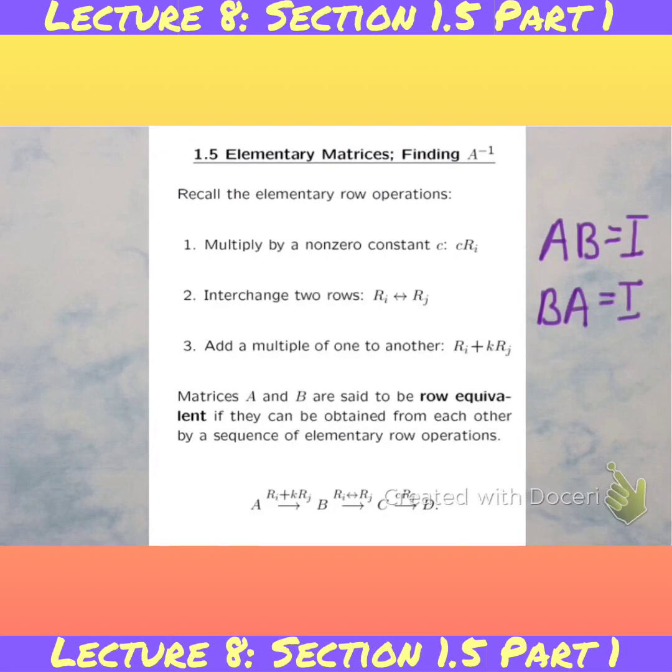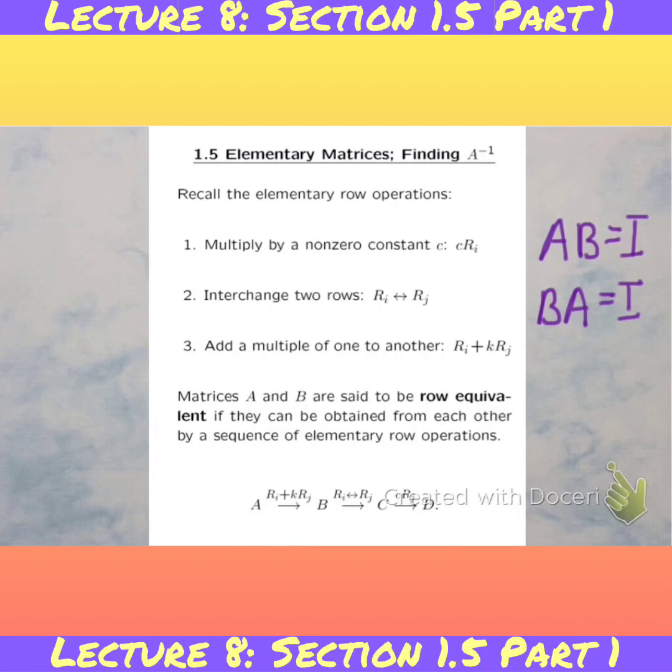And then once both those properties are satisfied, we say that A is invertible, and B is the inverse of A, and A is the inverse of B. Now, in the previous sections, we set up these long, cumbersome equations, and we solved for the matrix B in that way.